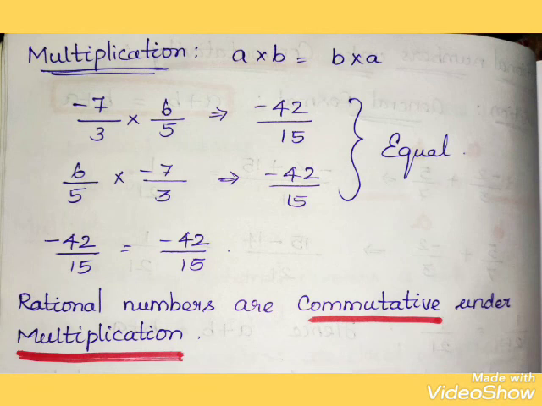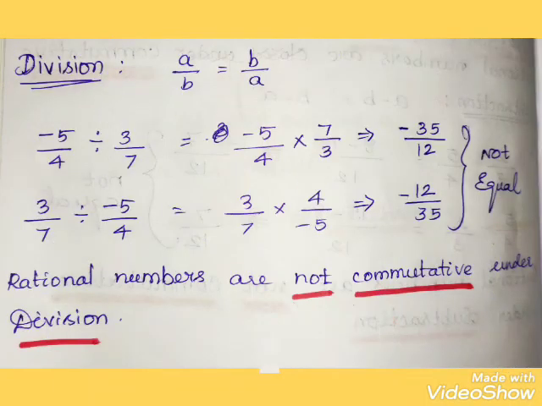Addition, subtraction, multiplication over. Next we're going to see the final one, division. A by B is equal to B by A. Taking two rational numbers, minus 5 by 4 and 3 by 7. So minus 5 by 4, in between we have the division symbol.